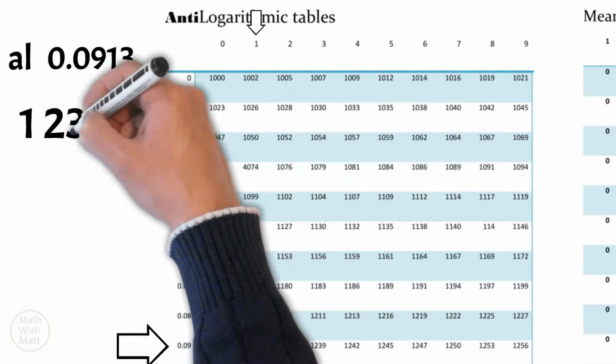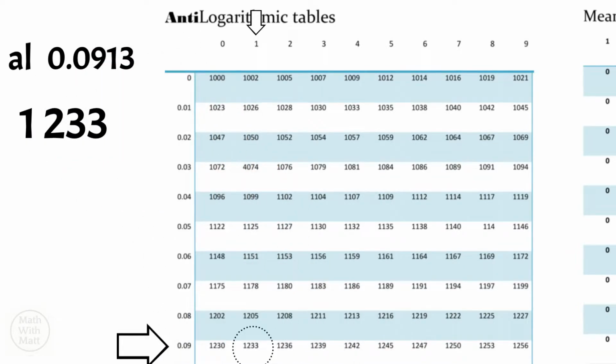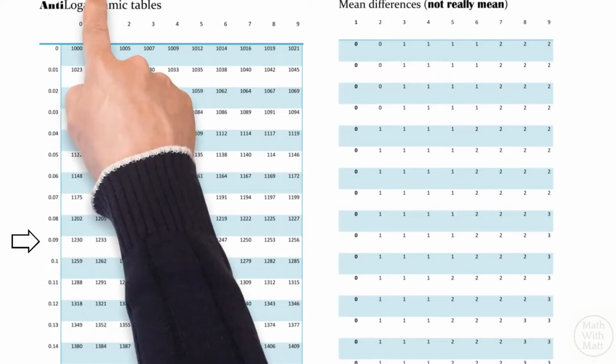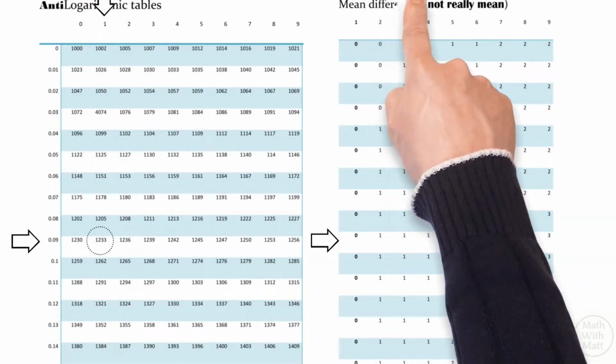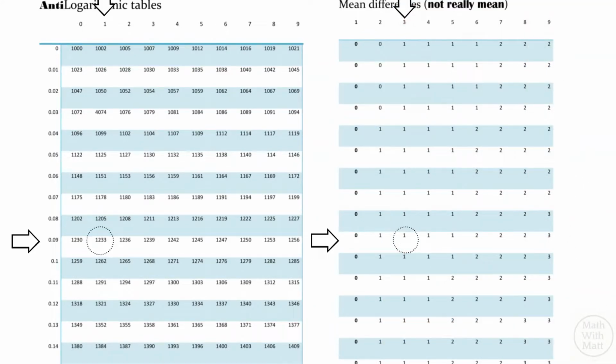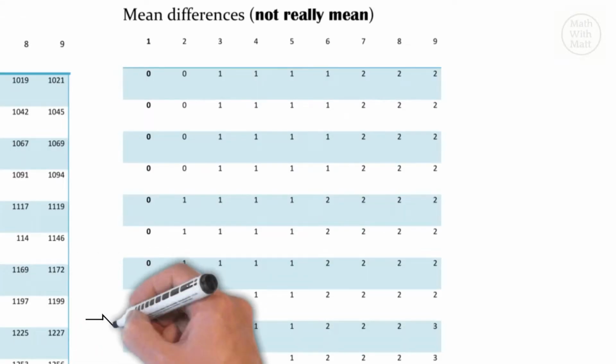In this case, they intersect at 1233, and since we have a fifth digit we must also use the mean difference table. We stick to the same row in our antilog table, and select the column of the digit on the topmost row in the mean difference table. And they intersect at 1. Let's zoom in for a better visual.